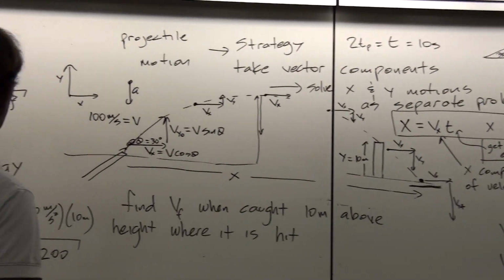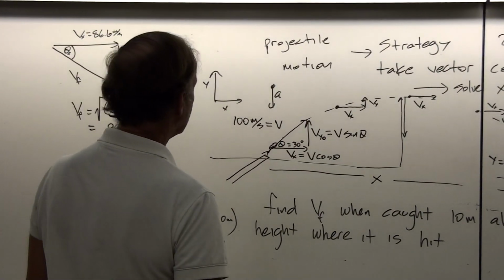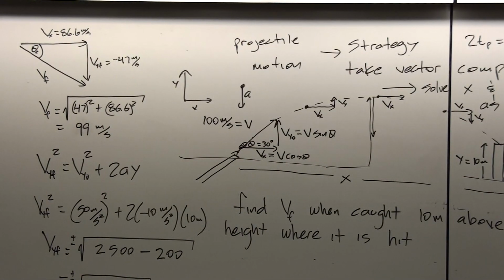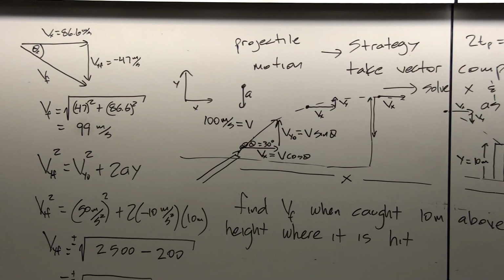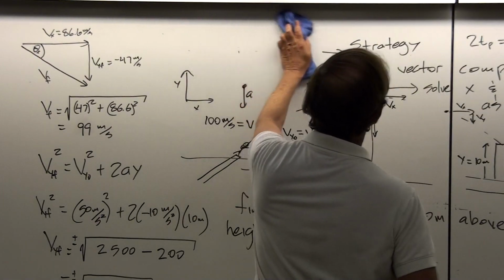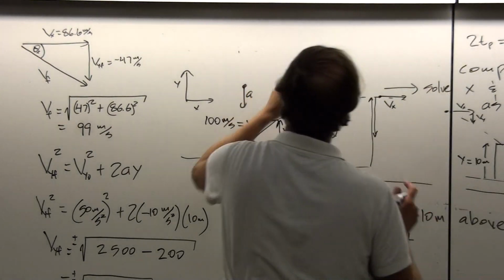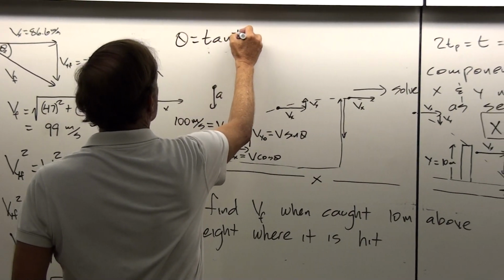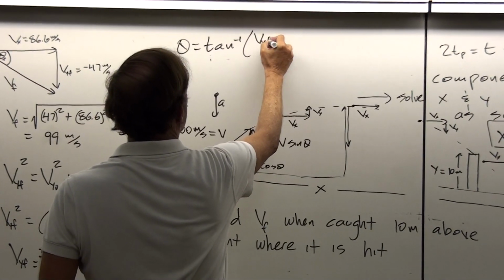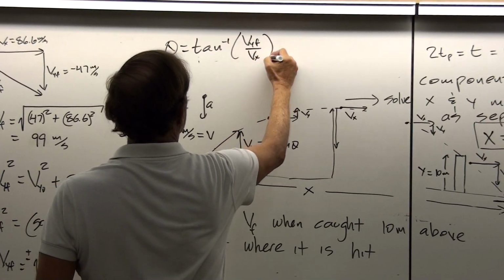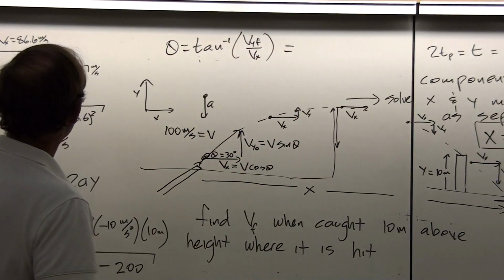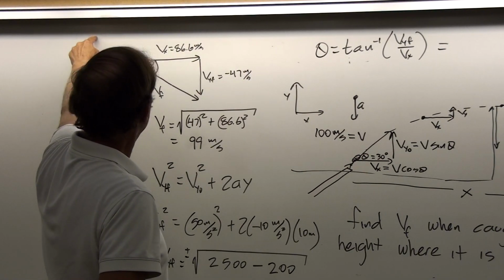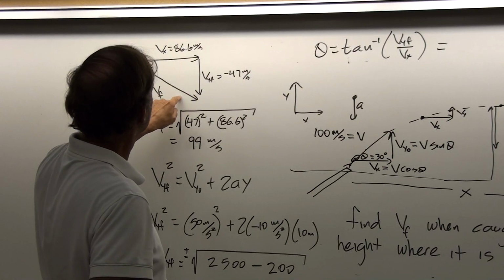And then you could write the angle, theta, as being equal to the inverse tan of Vy final over Vx. Now, the tangent function is, in fact, all students take calculus.